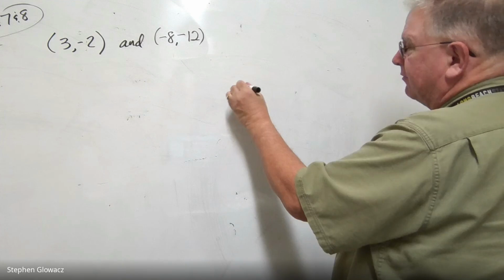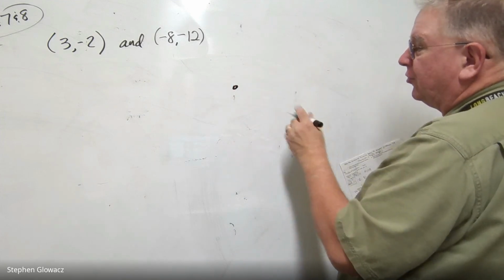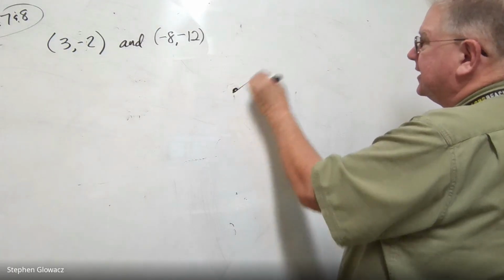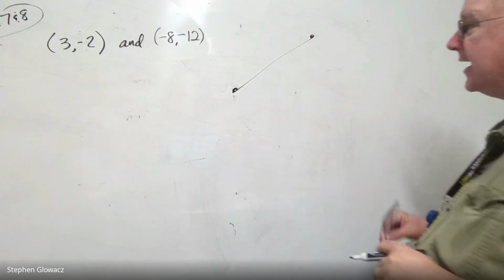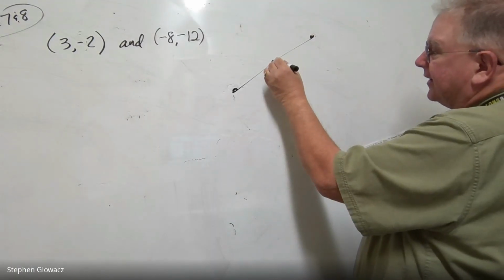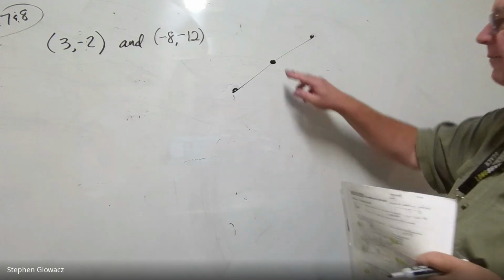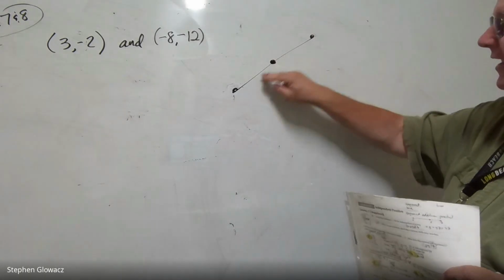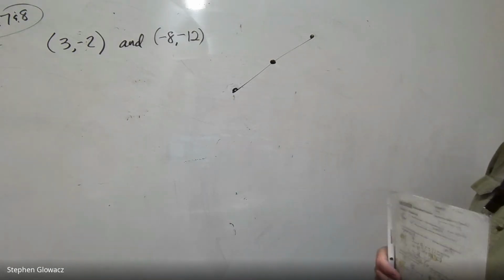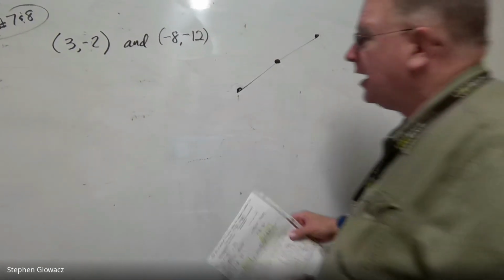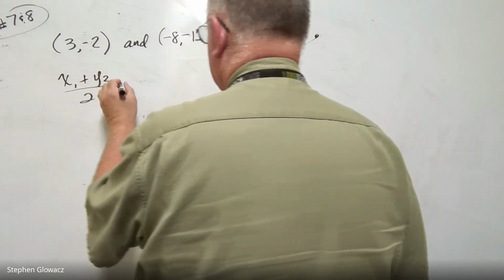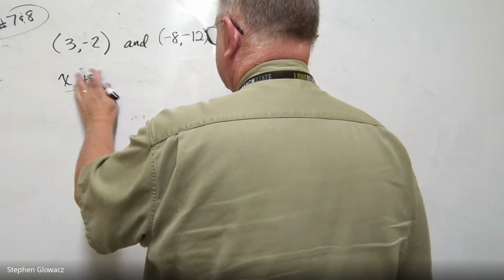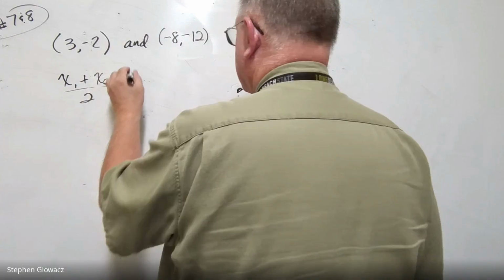But just to explain what we're doing, if we were to graph this, the line segment would look like this. Finding the midpoint tells us that point that's exactly in the middle between the 2 endpoints. Just a reminder of what that is. So our midpoint formula, here it is, and we'll put it up here: x sub 1 plus x sub 2.